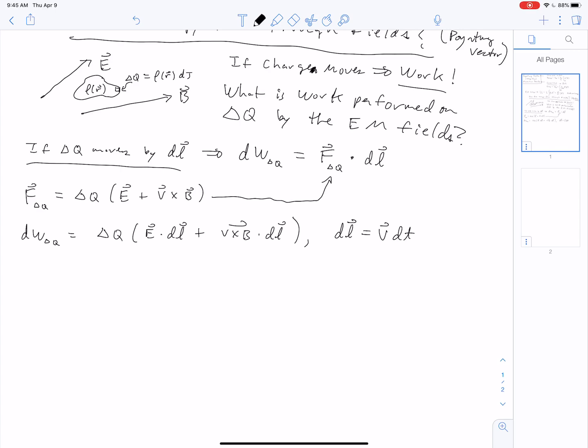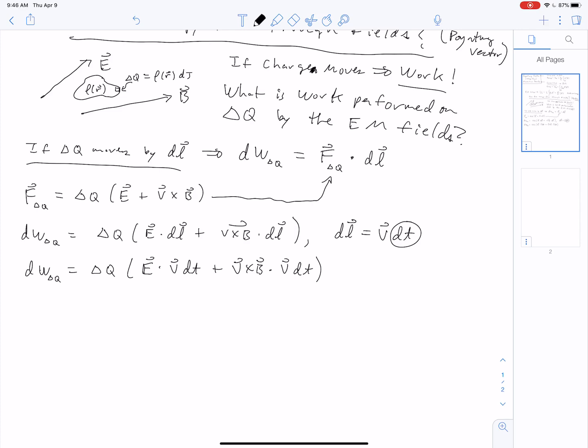So then I can replace these things, and I can say that the work done on that little bit of charge, now over a little bit of time, dt, is delta Q times E dot V dt, that's the velocity that the little charge is traveling, plus V cross B dotted into V dt.